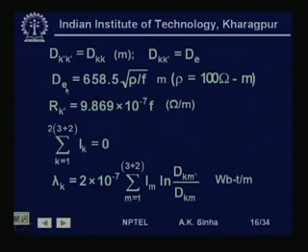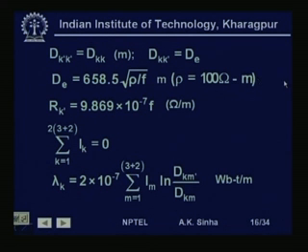He said that dE is equal to 658.5 times the square root of rho by f. This is an empirical formula which was found after lots of experimentation, where rho is the earth's resistivity. If one does not know the earth's resistivity properly, then one can always choose 100 ohm meter, which is the resistivity for a wet earth.